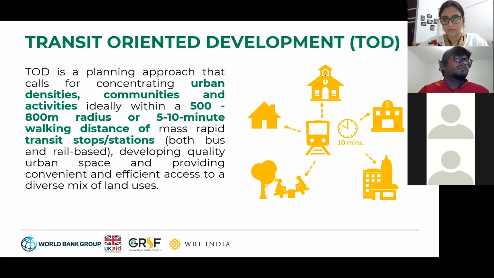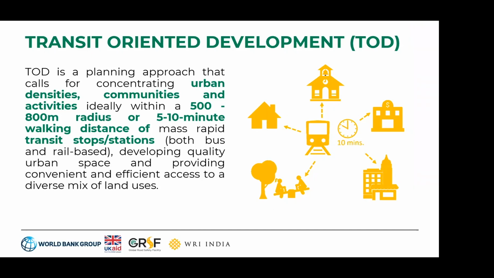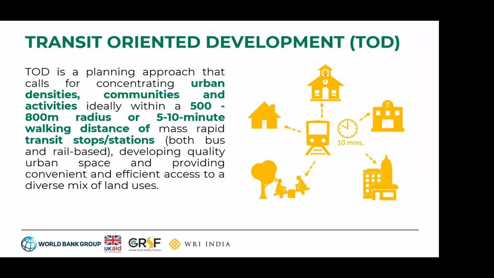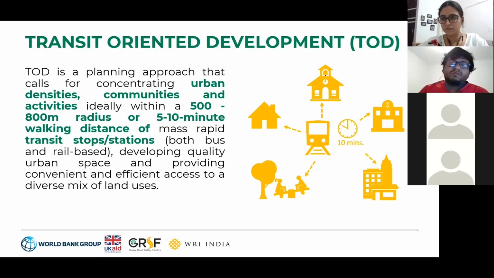TOD calls for concentrating urban densities, communities and activities ideally within 500 to 800 meter radius or 5 to 10 minutes walking distance of mass rapid transit stops or stations, both bus and rail based, developing quality urban space and providing convenient and efficient access to diverse mix of land uses.